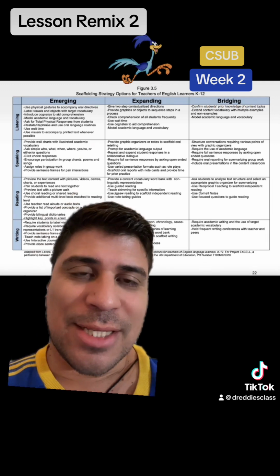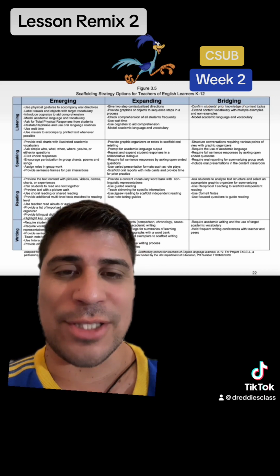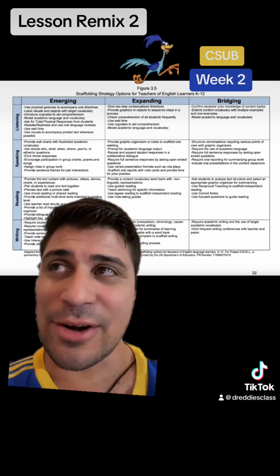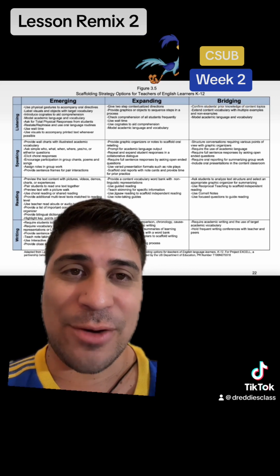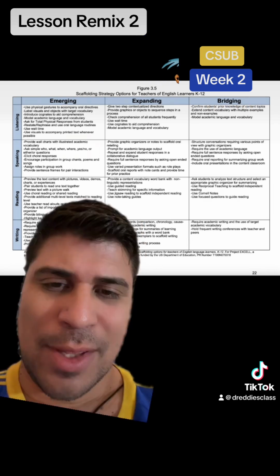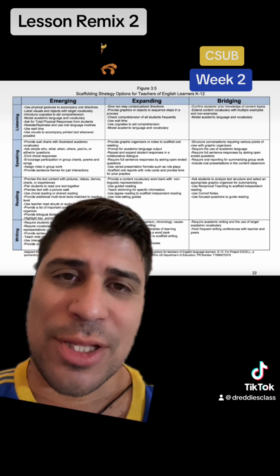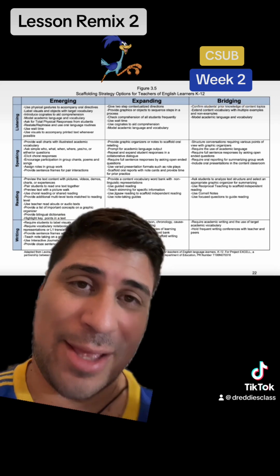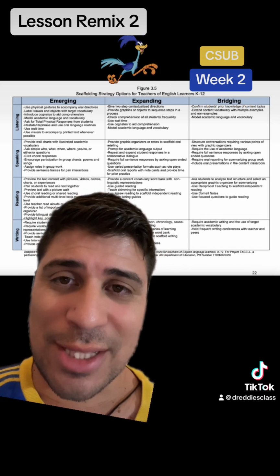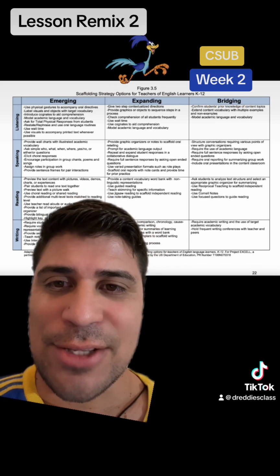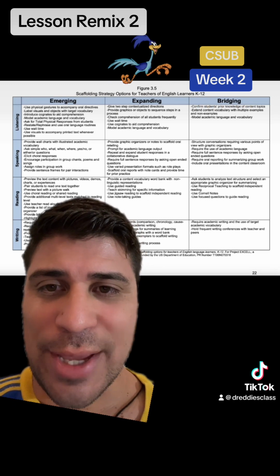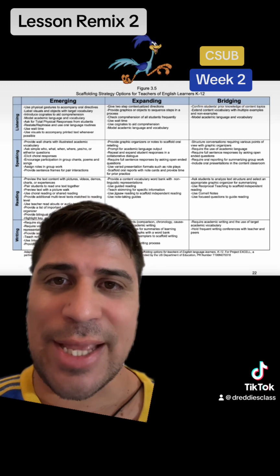And the reason is because California requires that all students that are English learners receive integrated ELD across content areas. These columns also correspond to the levels that are probably assigned to your students within the class. You're also going to see on the left-hand side the different domains: writing, reading, speaking, and listening.